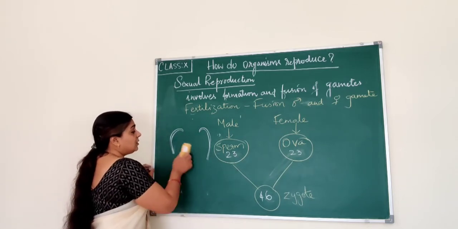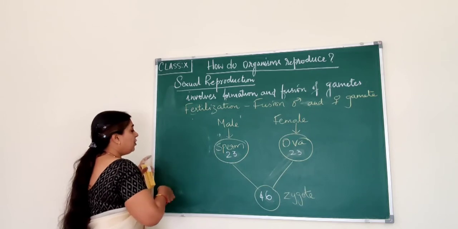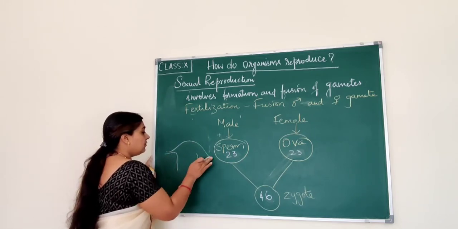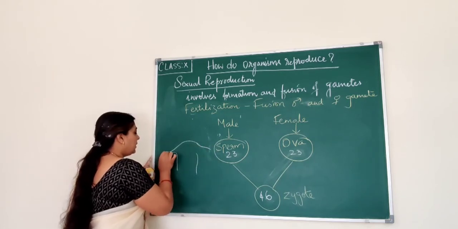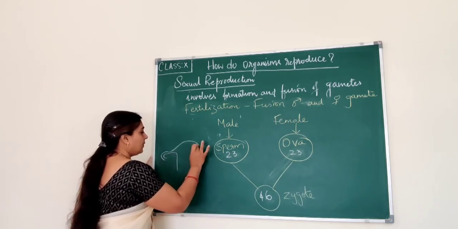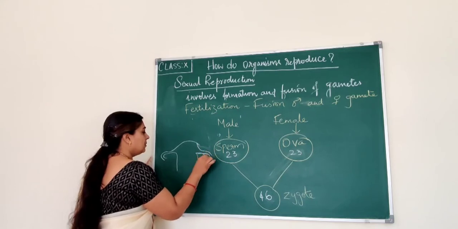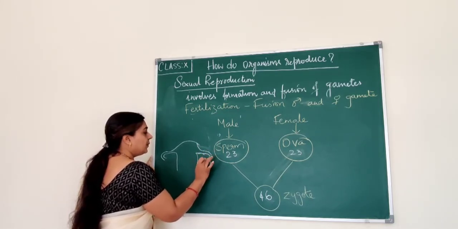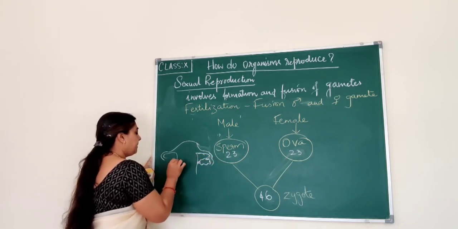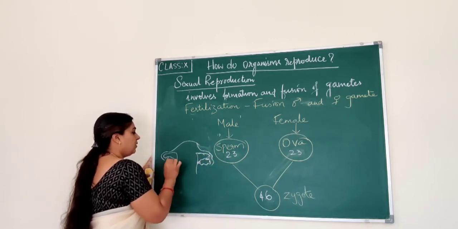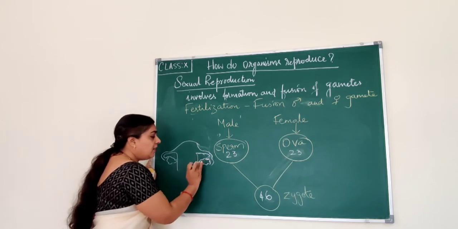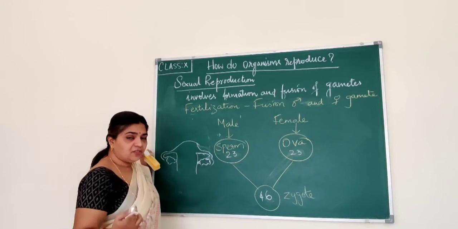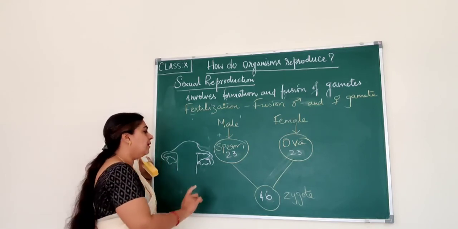And if you are talking about the female reproductive system, this is our female reproductive system. Okay, so this is where we find the ovary. To form this ovary, mitosis cell division is required, because mitosis, I told you, helps in growth and development.